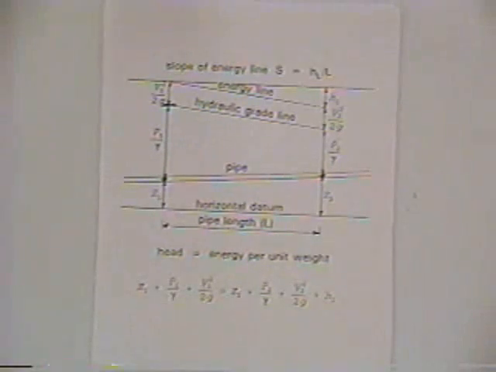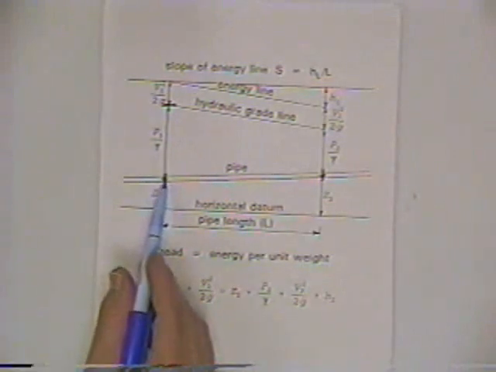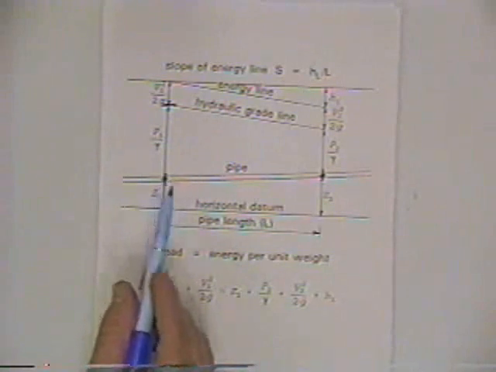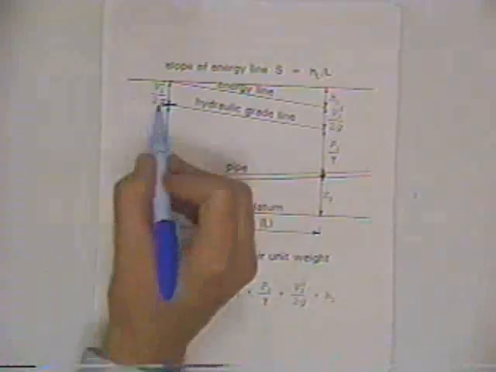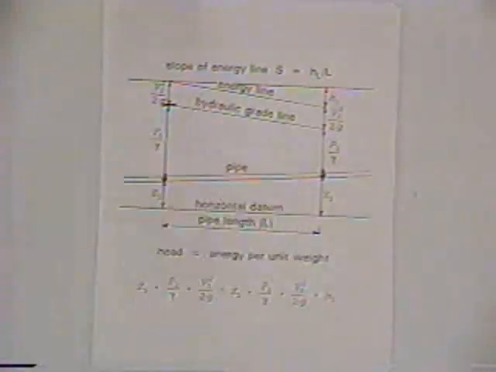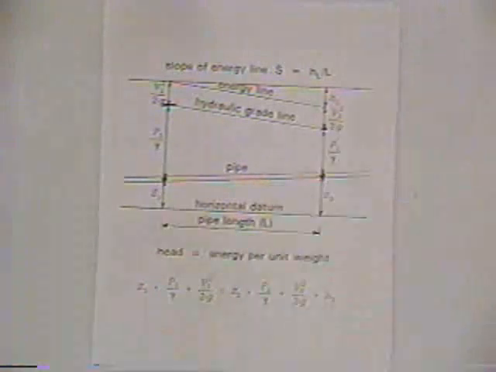And that's why we call it a pressure conduit, because you don't have a free water surface at atmospheric pressure. You've got a confined flow situation where there's some pressure other than atmospheric pressure. So that by definition is the hydraulic grade. And of course we've got a hydraulic grade at any location. If you connected the hydraulic grades at all the locations along a pipe or along a pressure conduit system, you get your hydraulic grade line.